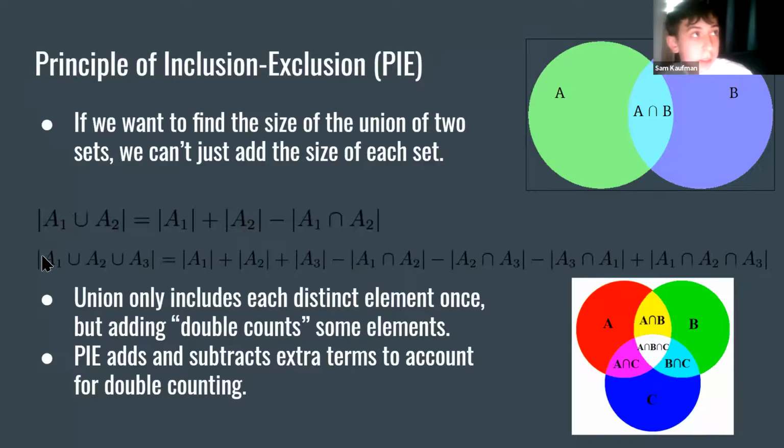If you want to find the size of the union of A1, A2, and A3, we start by adding the size of A1, the size of A2, and the size of A3. Then we subtract these overlaps.